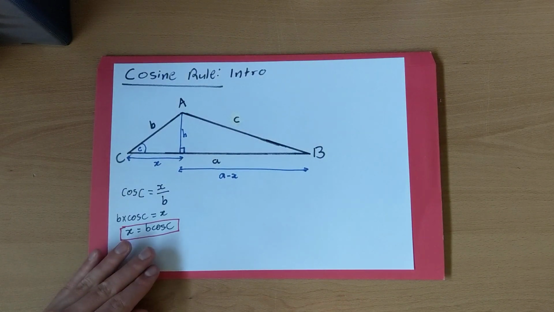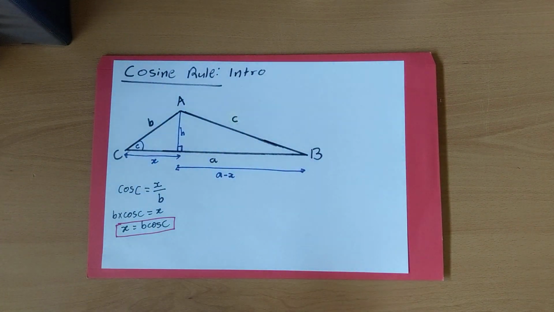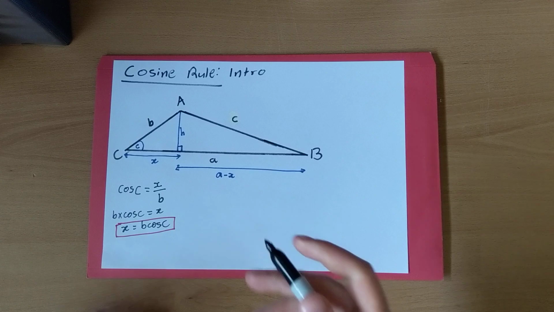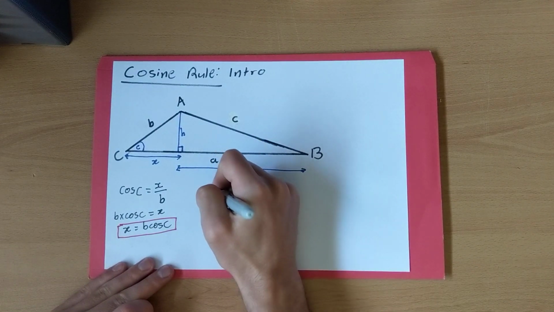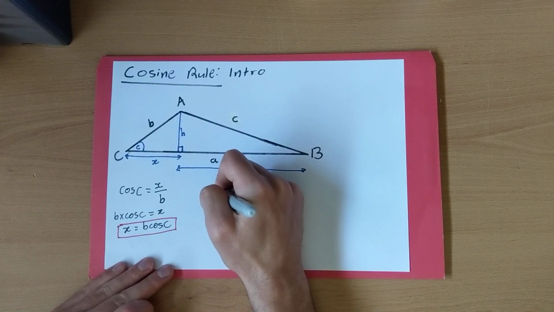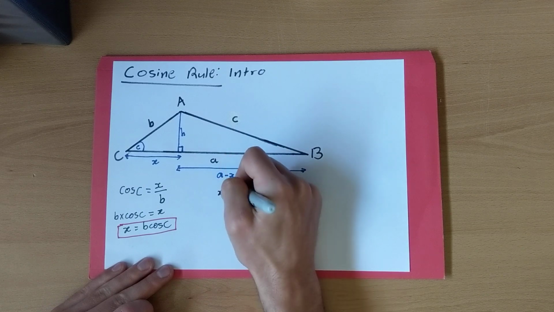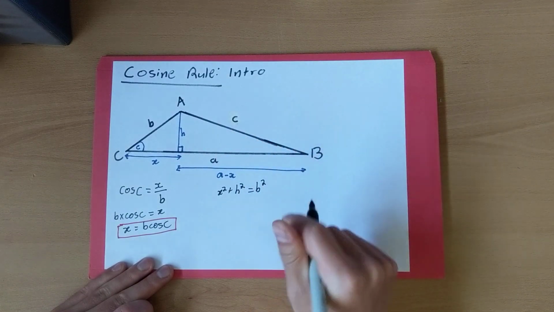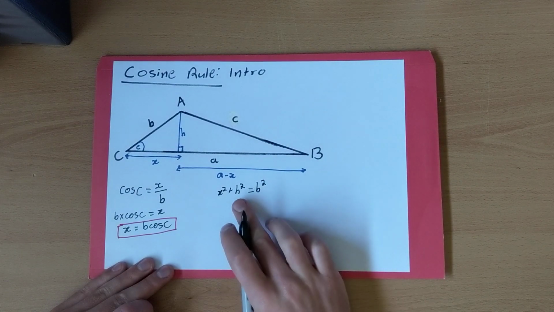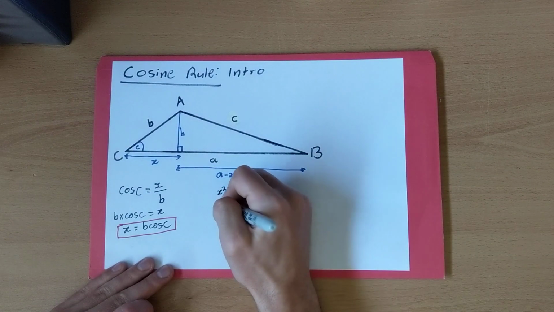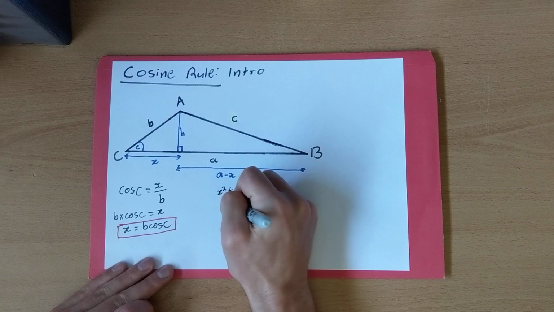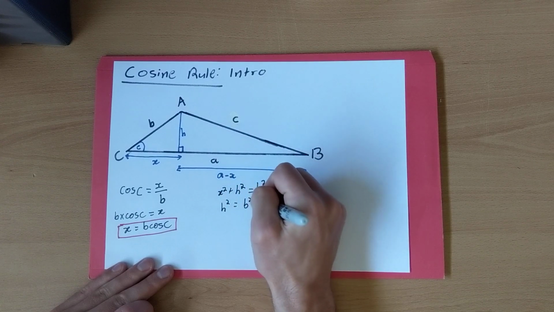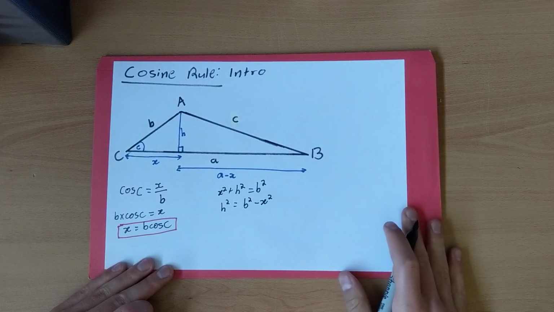Let's look at the one on the left-hand side first. With this triangle, we get that x squared plus h squared equals b squared. And I'm going to put that in terms of h squared, so I get that h squared equals b squared take x squared.